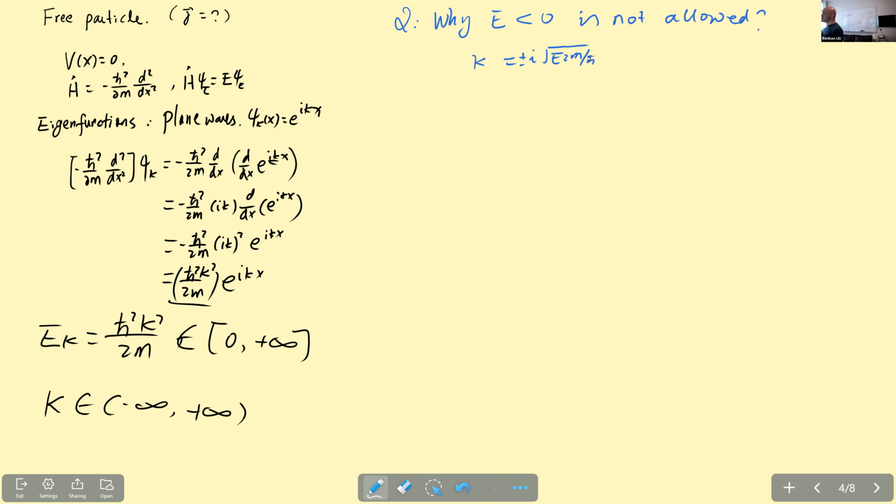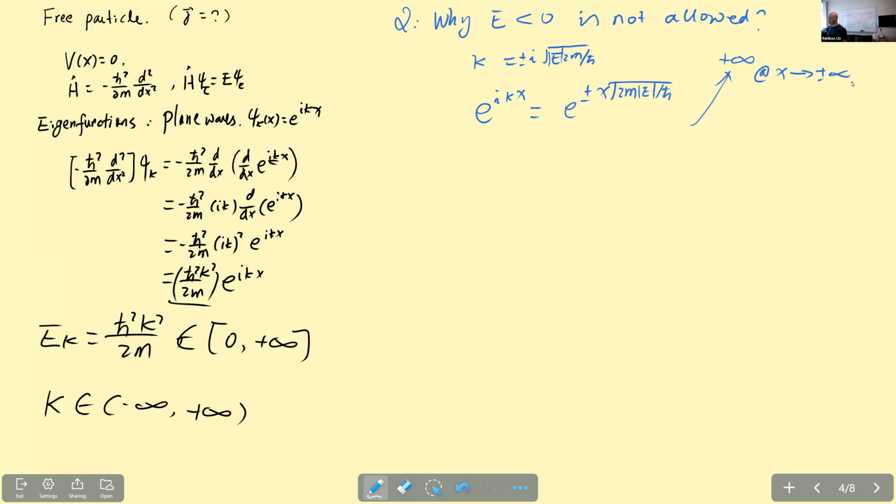So it's an imaginary number, and then e^(ikx) equals e to the plus or minus x times square root of 2m times the absolute value of E over h bar. And this one goes to infinity as x goes to plus or minus infinity.